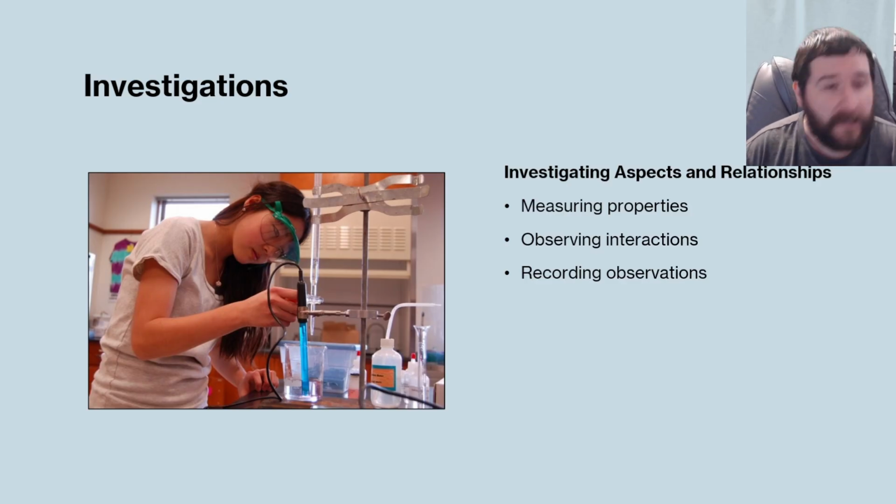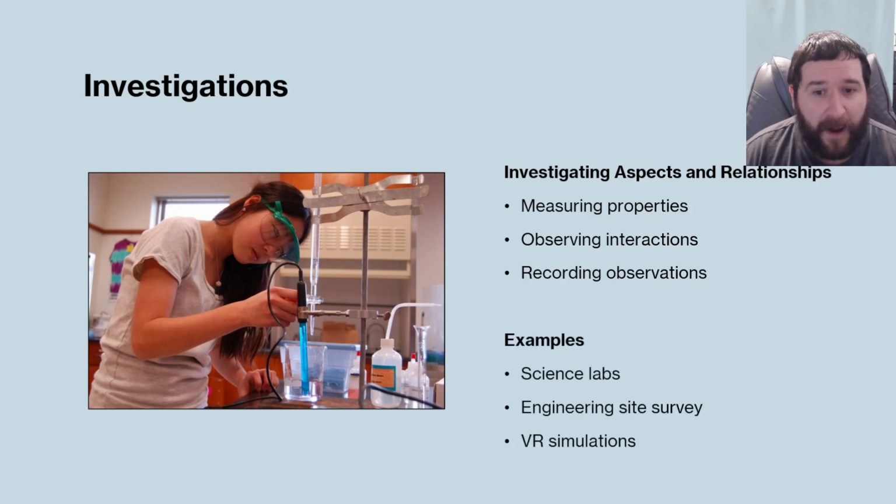It sounds probably a lot like the scientific method if you have a science background, and that's why we have this take in a lot of science labs, right? Where you're essentially measuring something, you're observing what's going on, and you're recording it, right? So that's very useful to get students to understand different phenomena about the world. Let's measure it, let's observe it, let's record it, right? That's a great way to learn.